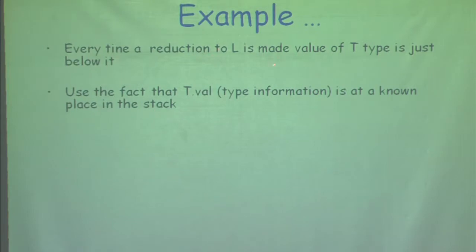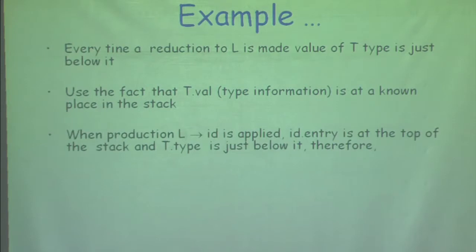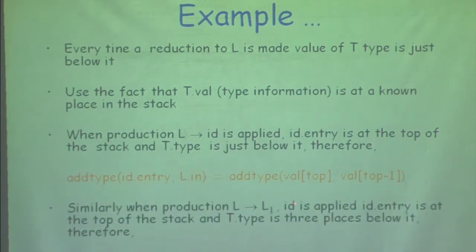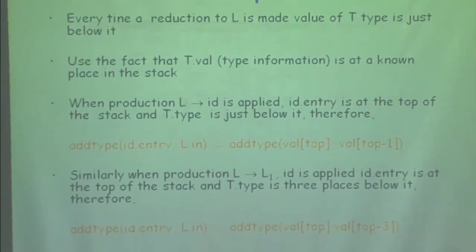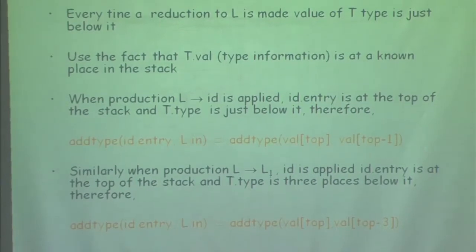Every time I say that whole thing is getting reduced, T-val is just below this, and therefore, now I can say that every time reduction to L is made, use this information that it is in a known place, and therefore, when I say L going to ID is applied, then we say that add type ID entry is nothing but add type top and top minus 1, which is here, and if I say L goes to L comma ID is applied, then this is equivalent to add type top and top minus 3.